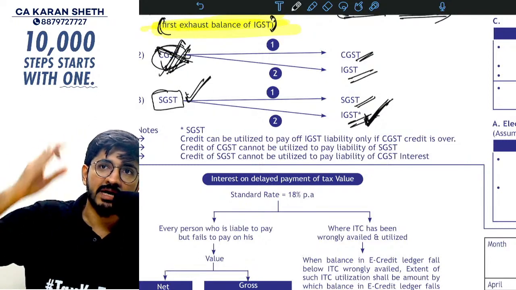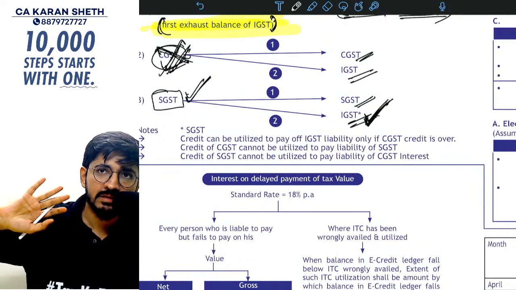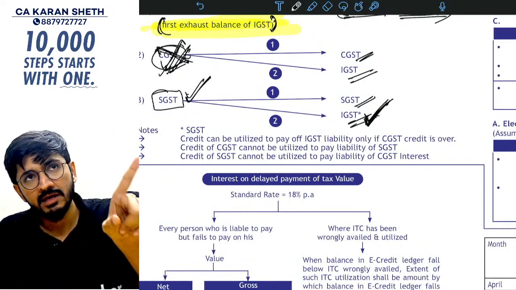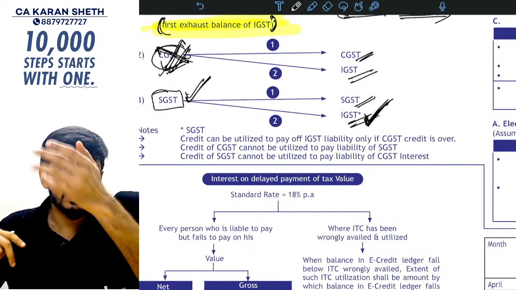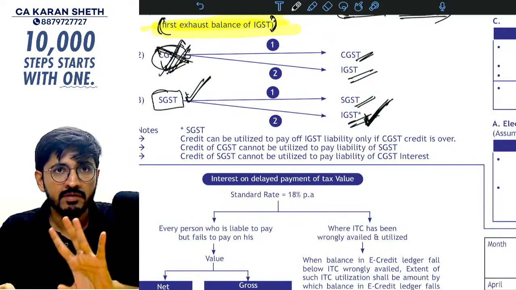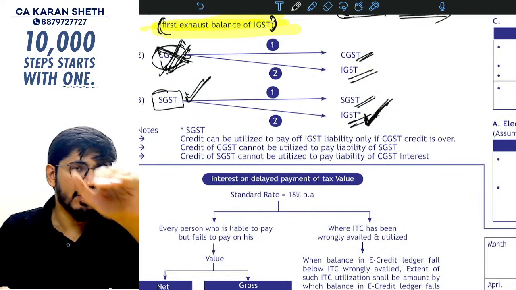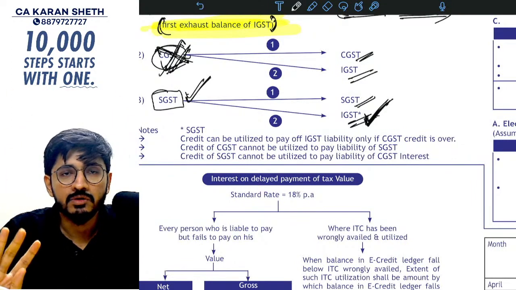So if you have ITC of C and S and you have a liability of I, you first use C, and once it is exhausted, then you think of S. If C was enough and the liability of I is exhausted, S will get carried forward to the next tax period.